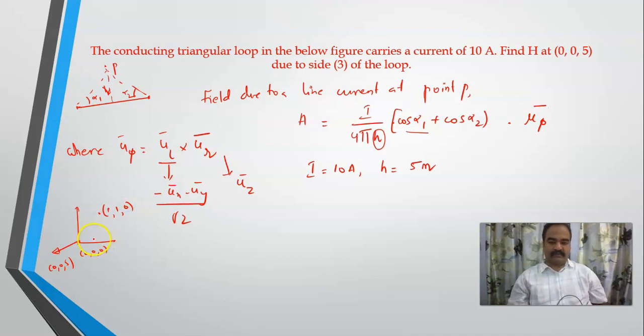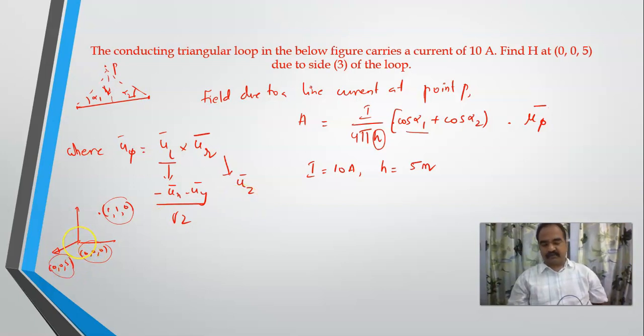Now you tell me, what are the angles which these axes make with these things? See, this is 1, 1, 0, and this is 0, 0, 0, and this is 0, 0, 5.